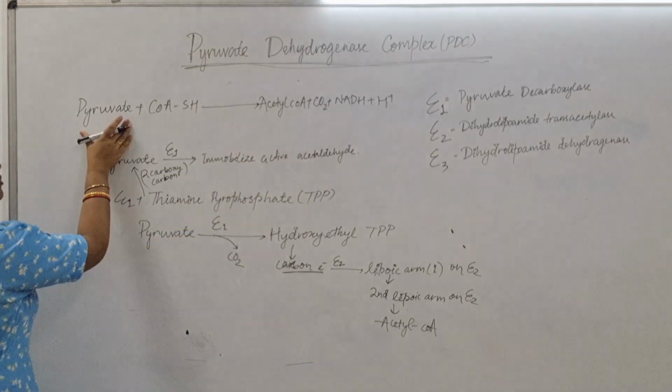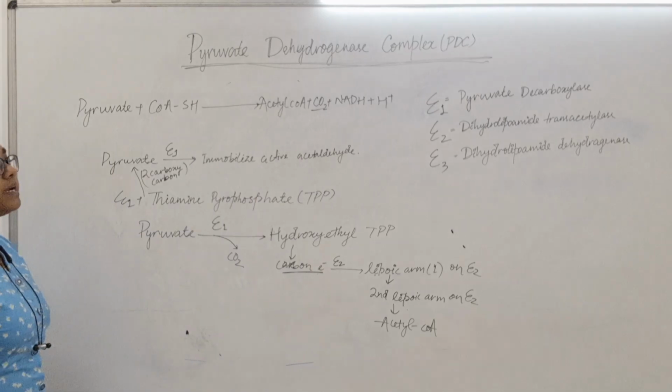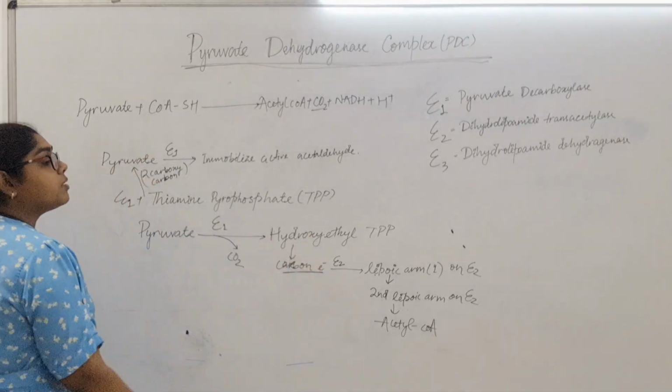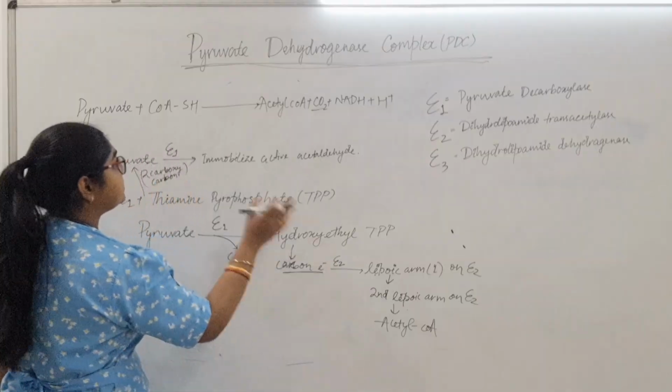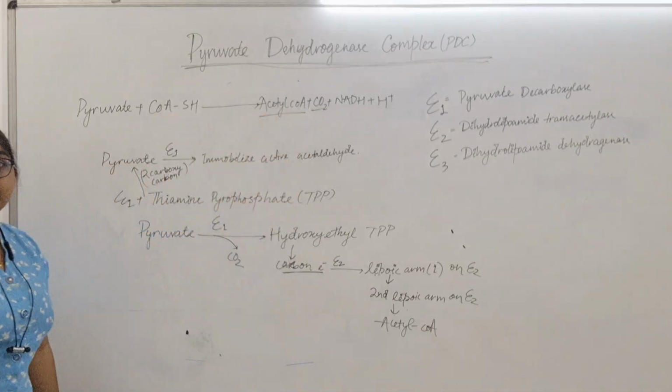From pyruvate we got carbon dioxide, and then the pyruvate was modified to hydroxyethyl. From hydroxyethyl we got acetyl, and acetyl along with coenzyme A produced acetyl coenzyme A.